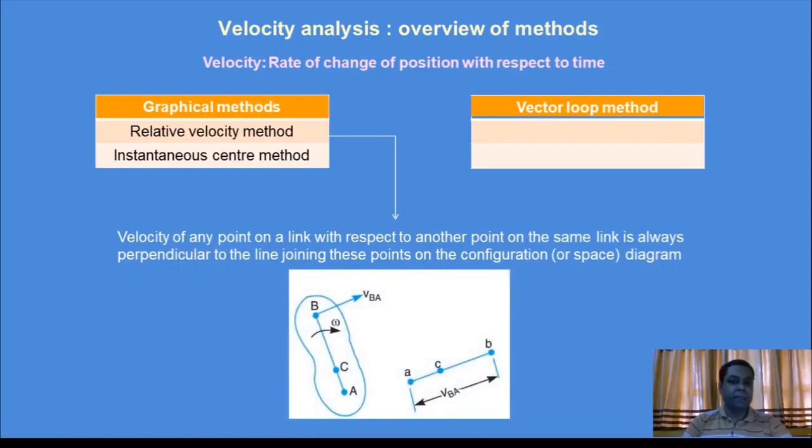As you can see in the given diagram, one object, irregular in shape, on the left-hand side has a point A around which it is turning clockwise. At point B, the velocity component acting perpendicular to the line joining AB, because it is rotating with angular velocity omega, is called the velocity of B with respect to A, or velocity BA.